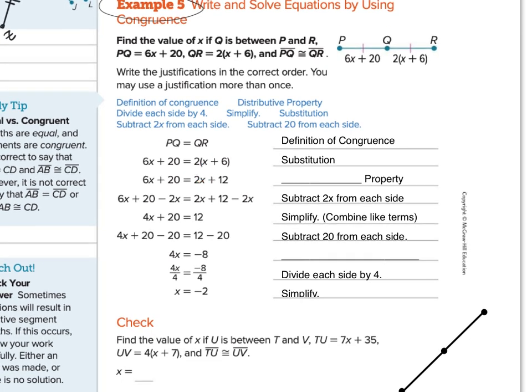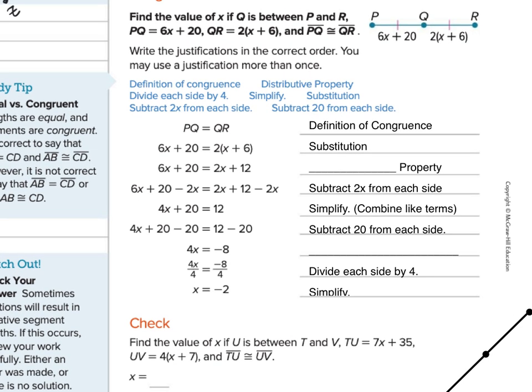They did the distributive property, right? 2 times x is 2x, 2 times 6 is 12. Then they simplified, also known as combining like terms, and they got 4x plus 20 is equal to 12.